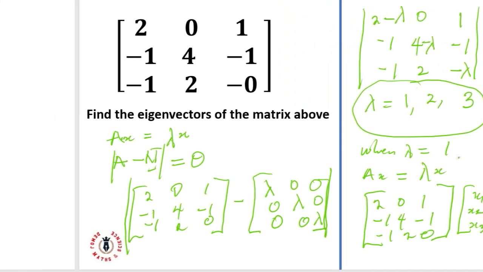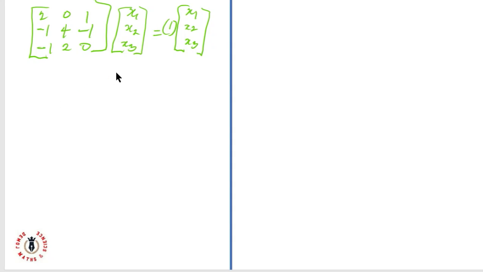Now, how do we go about this? I've just rewritten the matrix equation. To find my x1, I want to turn this into proper equations. So it becomes 2x1, 0 times x2, that's 0, plus x3 is equal to x1.